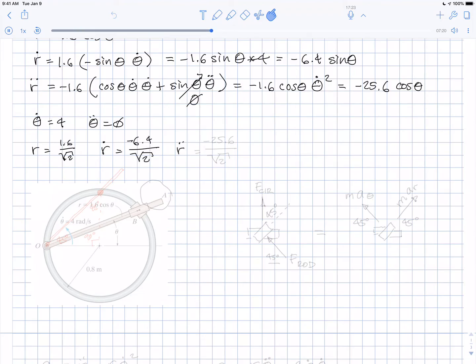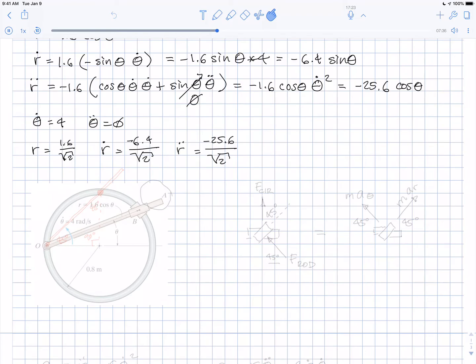And r double dot equals minus 25.6 over the square root of 2. And hopefully when we plug things in, everything will come out nice.